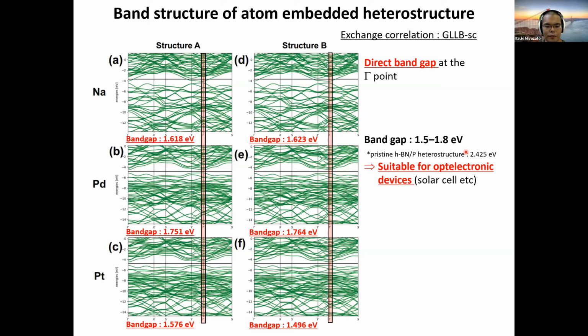As I presented, in the pristine hBNP heterostructure, the band gap is 2.4 to 5 electron volts. So that means that atom embedding has an effect of lowering the band gaps of this heterostructure.